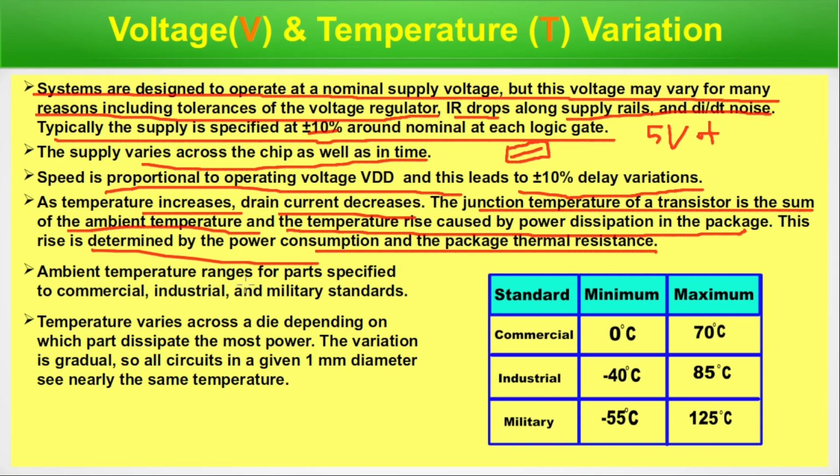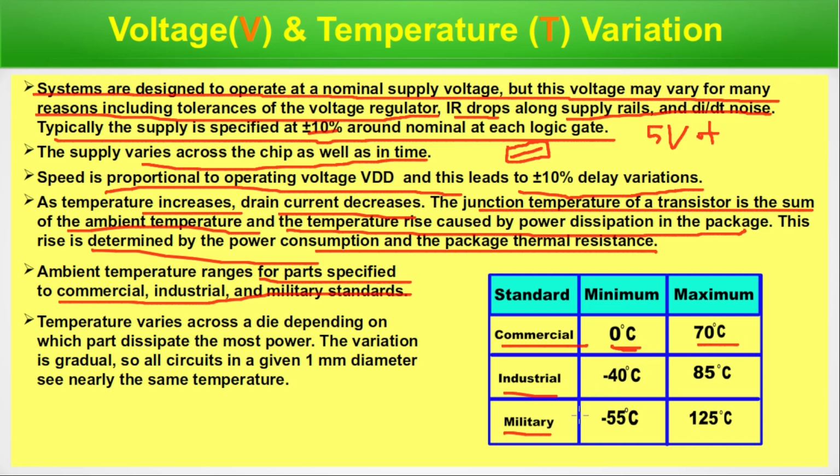Ambient temperature ranges are specified for parts to commercial, industrial and military standards. The specification mentioned depends on the purpose for which the chip is used. Here is a chart. The standards are commercial, industrial and military. Commercial is minimum 0 degrees, maximum 70 degrees.